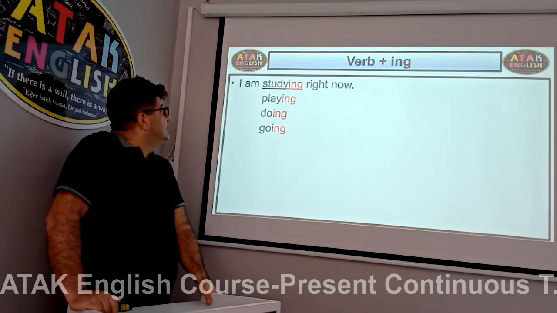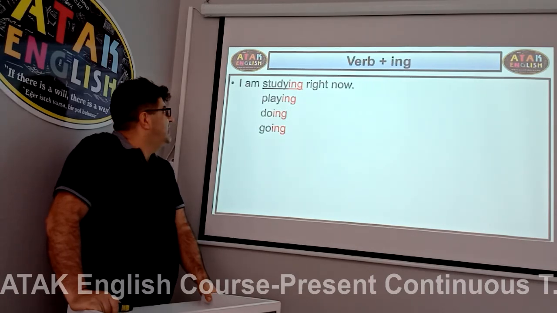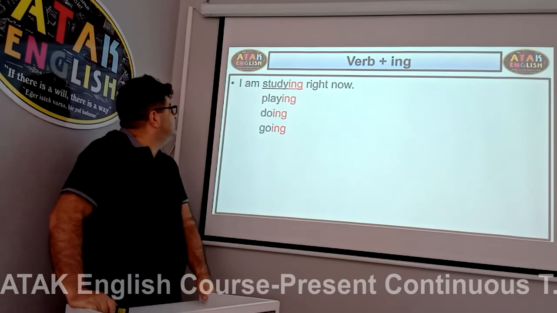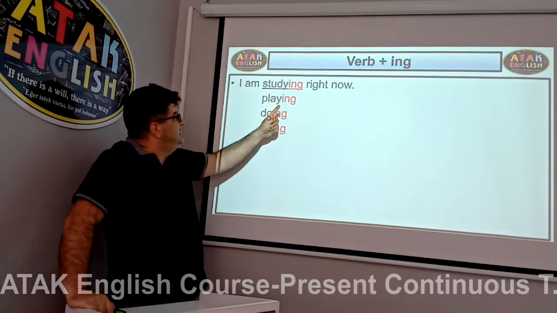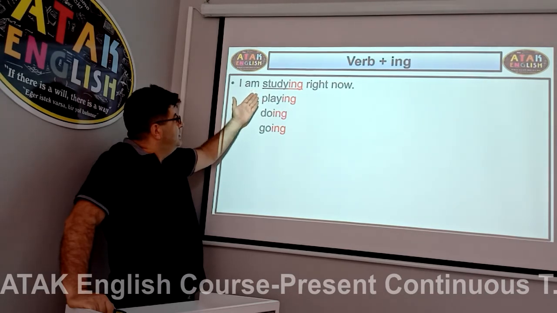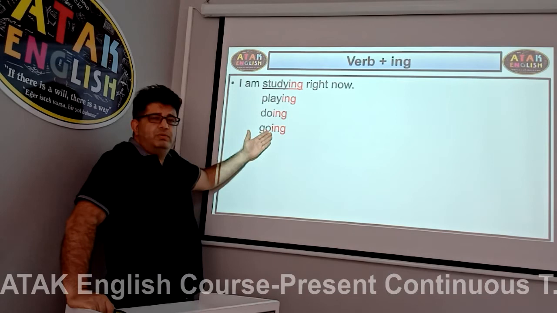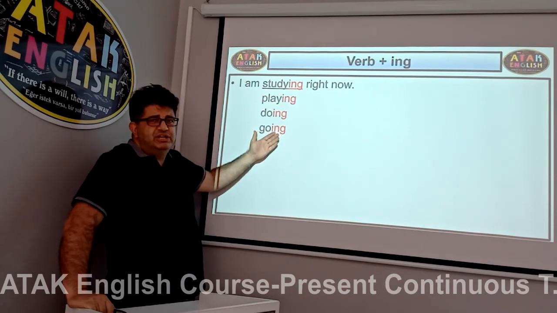Okay, now let's see the additional ing suffix, how it is happening. Let's have a look at it. I am studying right now, so study, verb, and other words like play, do, go, get ing.